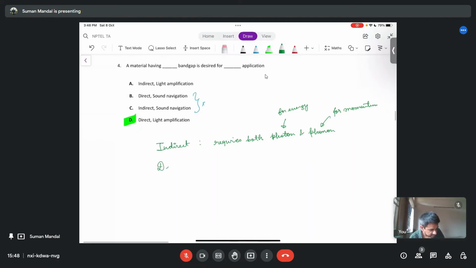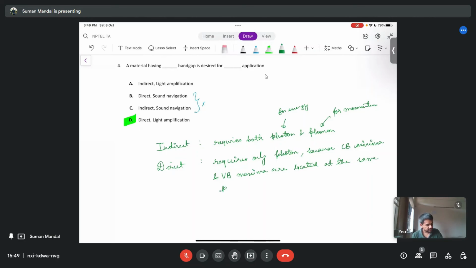Whereas in the case of direct, it requires only a photon, because the conduction band minima and valence band maxima are located at the same wave vector. No momentum required.